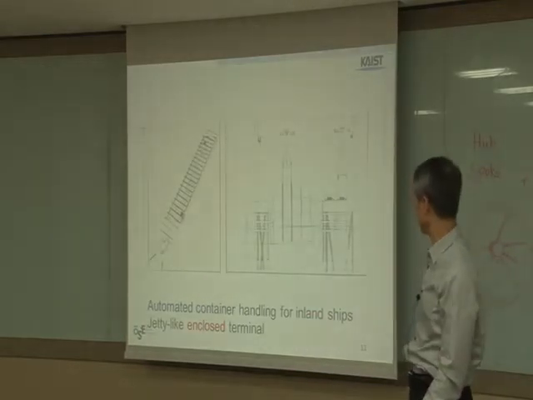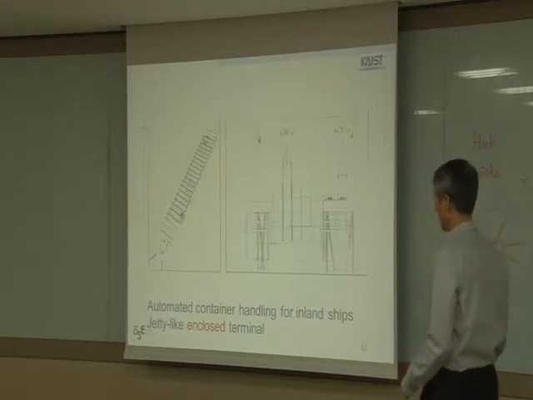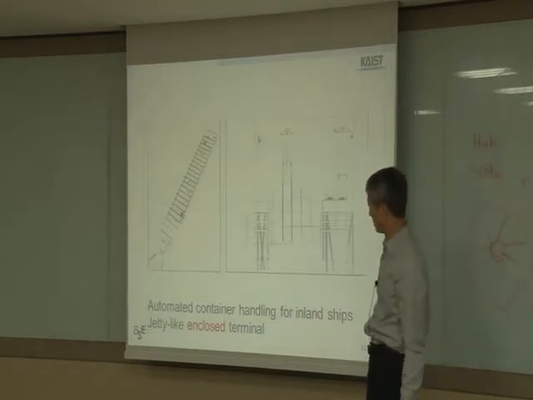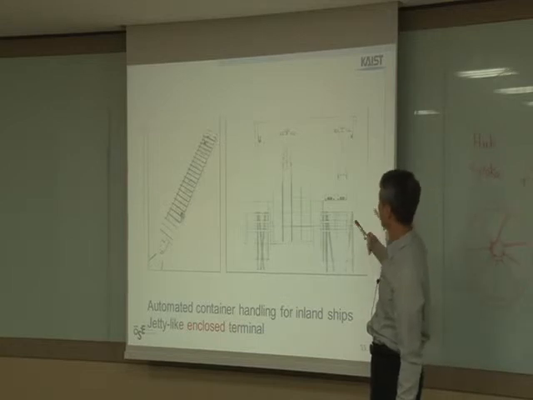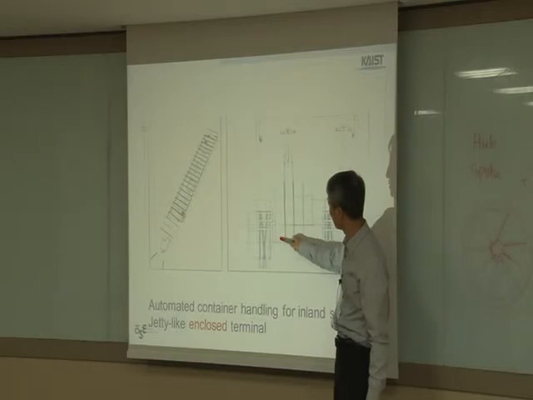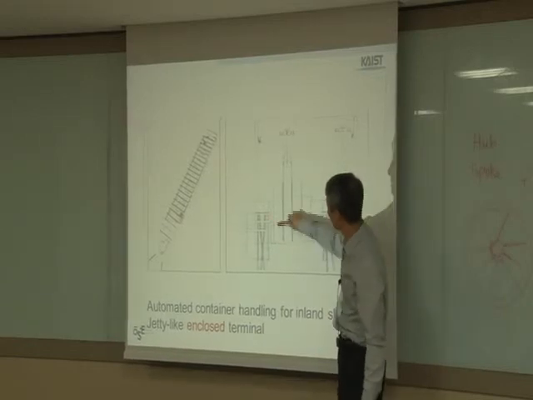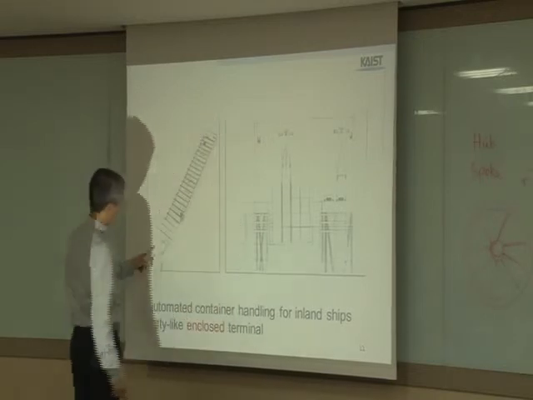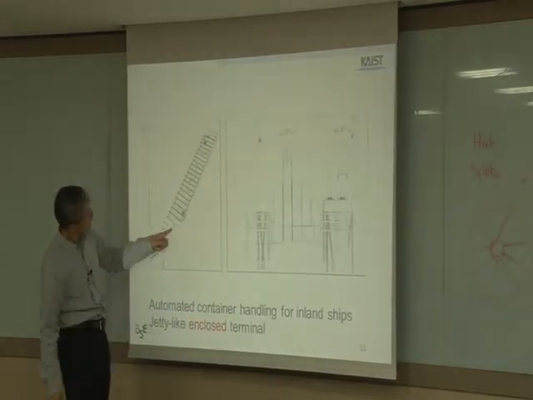And this is another. The picture is not clear, but they are trying to automate the container handling for inland ships. There's a jet-like enclosed terminal. See, this is a ship, and containers sticking up. Ship is inside here.